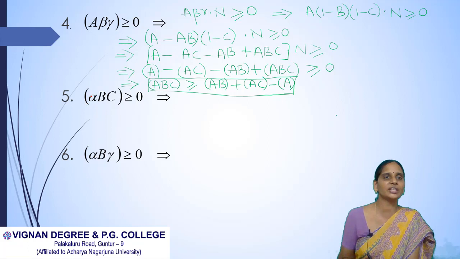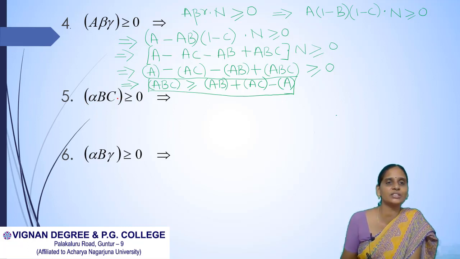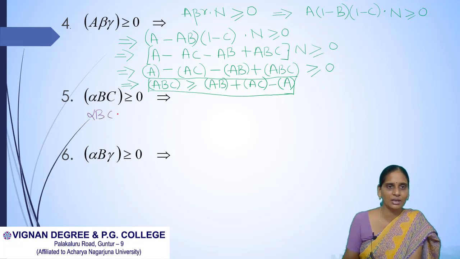And the fifth consistency condition, that is frequency of alpha BC. Frequency of alpha BC is greater than or equal to 0. So then frequency of alpha BC can be written as alpha BC into N, which is greater than or equal to 0.